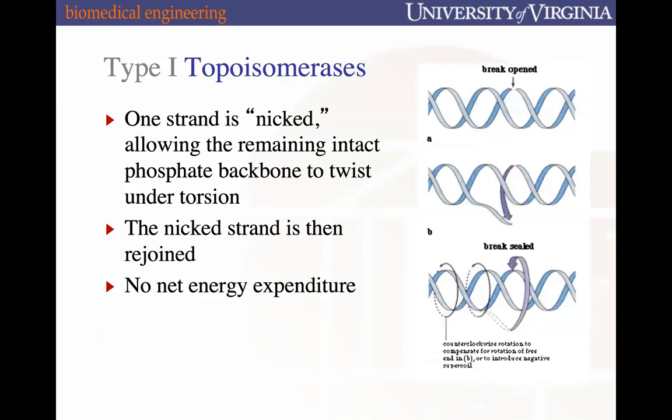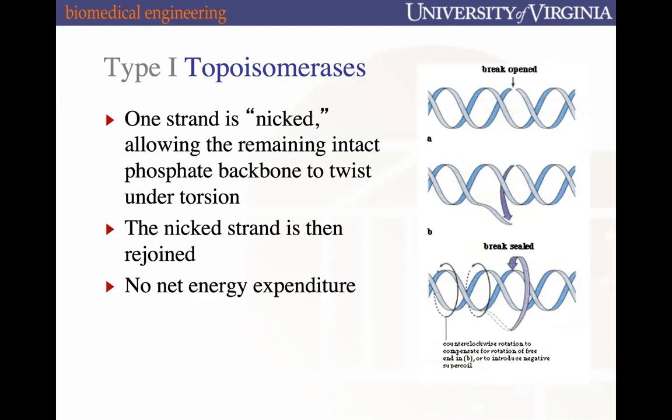So we have a couple examples of proteins that help address that supercoiling problem. One is called a type 1 topoisomerase. What type 1 topoisomerase will do is create a single break, or you can think of it as a single cut or nick, that allows the remaining intact double-stranded DNA to twist and help stabilize under the torsion of DNA strands separating.